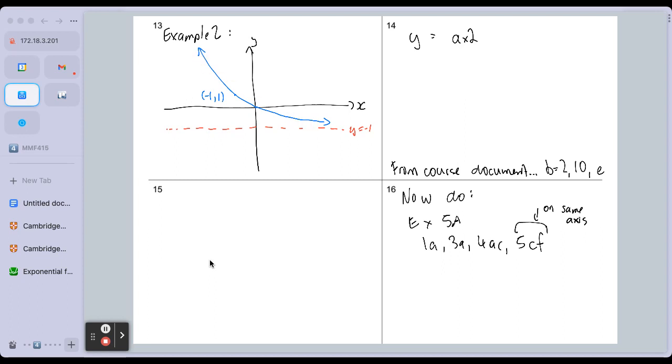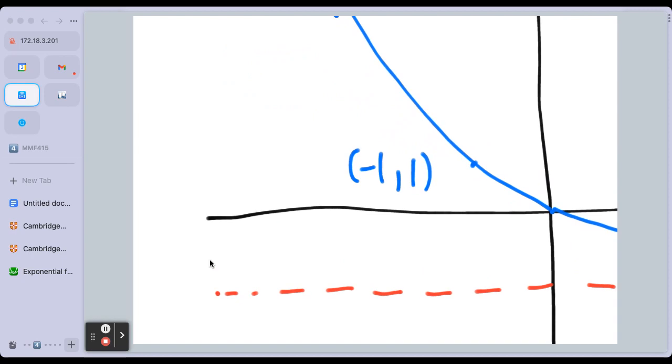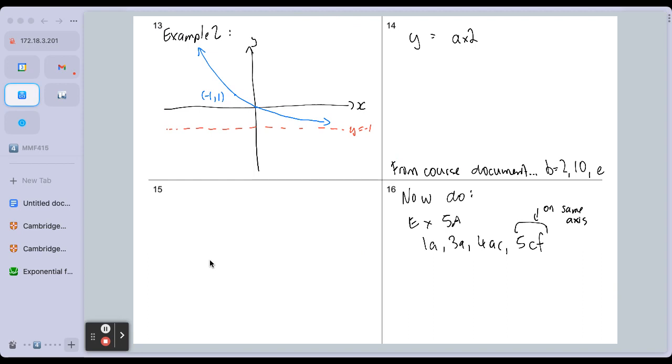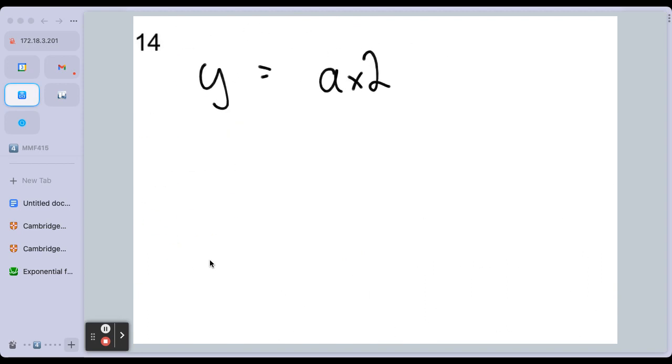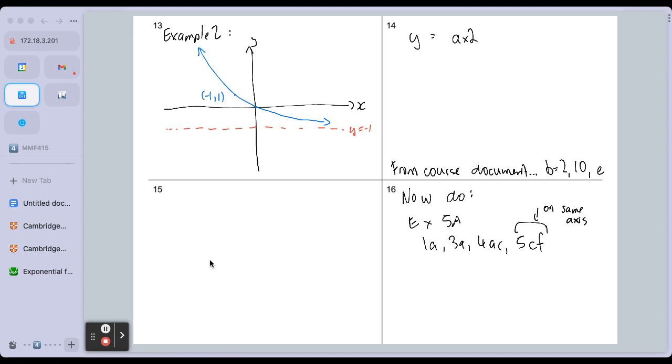I can also see, and I'm going to zoom up for this so you can see it, I can also see that the coordinate minus 1, 1, I know enough about my base graph to know that minus 1, 1 in the base graph would be 0, 1. So in other words, I've gone back 1 unit. So in my graph, I can translate that to a minus x plus 1. 1 unit to the left, reflected.